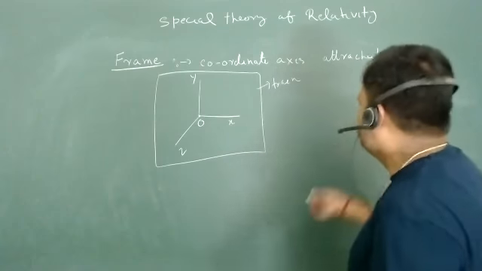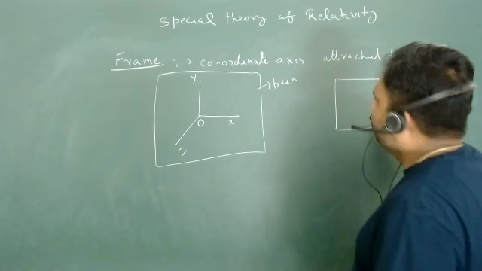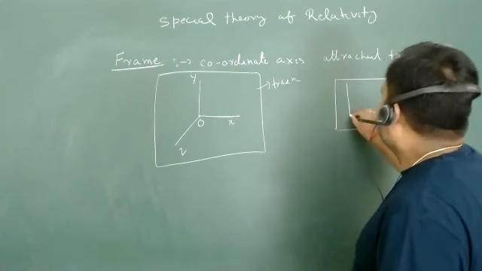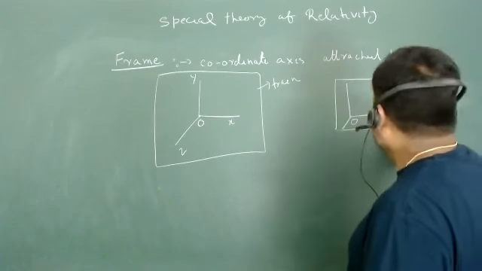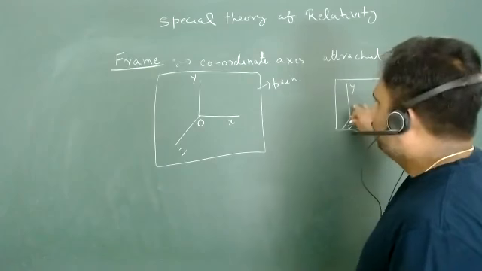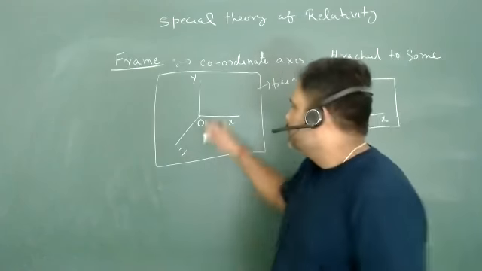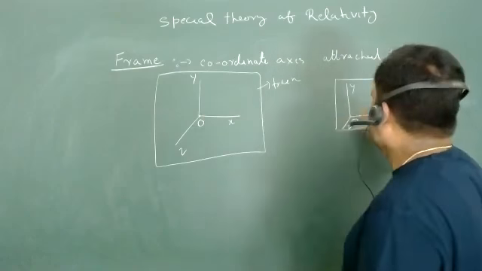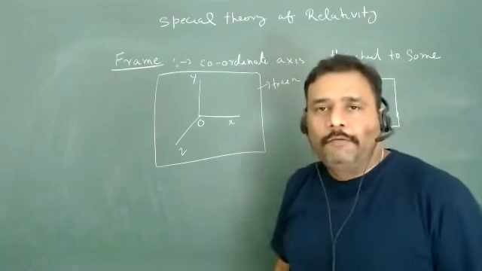Suppose this train is moving with respect to another train. Then there is another coordinate axis with its own origin and its own x, y, and z axes, and for simplification we take them so that this x-axis is parallel to that x-axis, so that we can solve problems very easily.